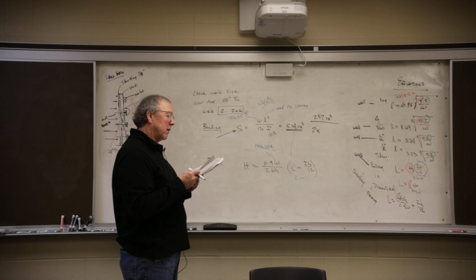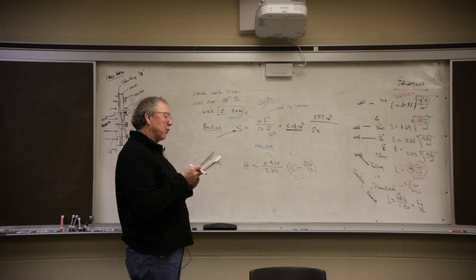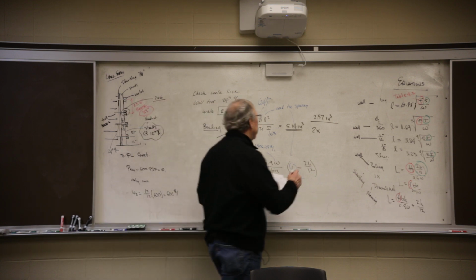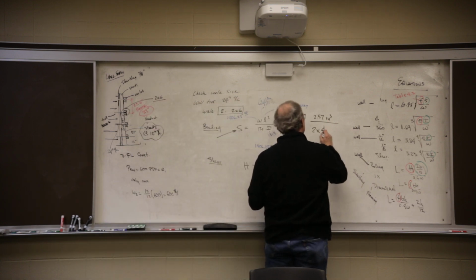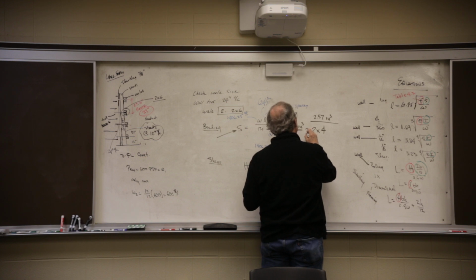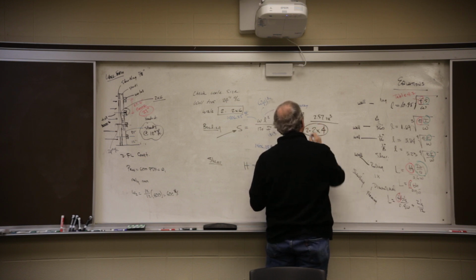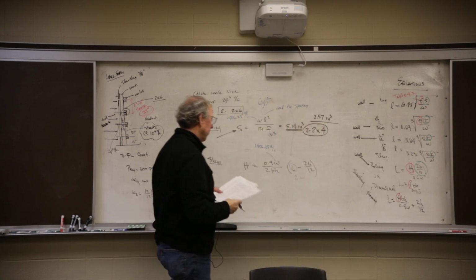Using table 4.1, properties shown as requirement, a double 2x4 would work. So a double 2x4 would be 3.06 or 6.12. So this warrants a 2x4. It says two 2x4s satisfy the section modulus.